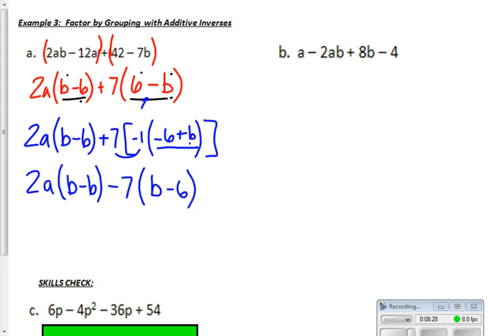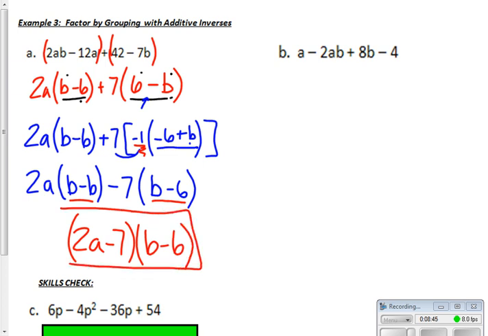Now, if you look at it, there's your additive inverse. Factoring out the negative 1 gave me the two identical binomials. So I have 2a minus 7 and b minus 6. And that would be my answer there for A, for the additive inverse.